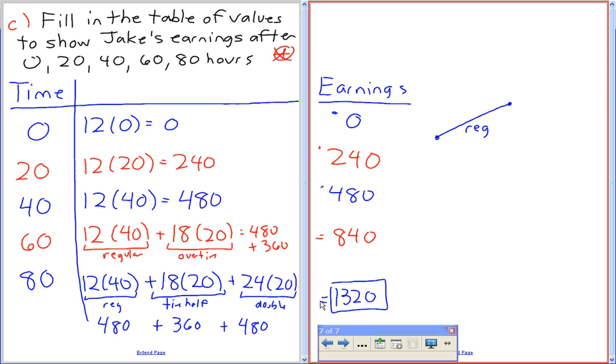Then his money would go like this for time and a half, and then his money will go like this. So if we're talking about slope, notice the slope is getting bigger and bigger and bigger. The line is getting steeper and steeper and steeper. The graph is getting steeper.